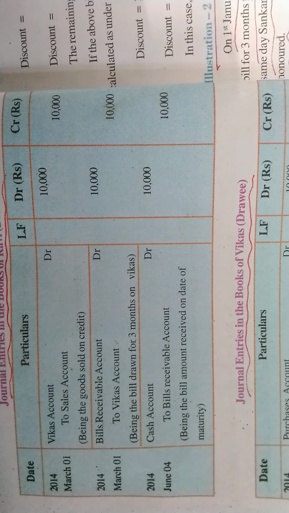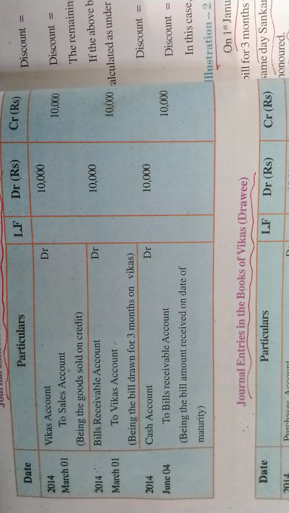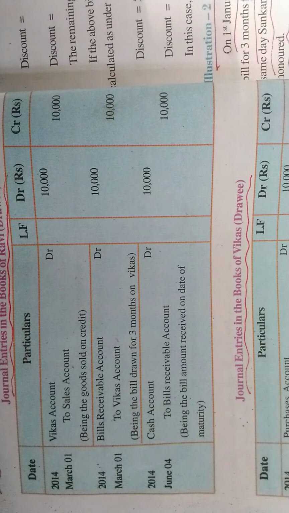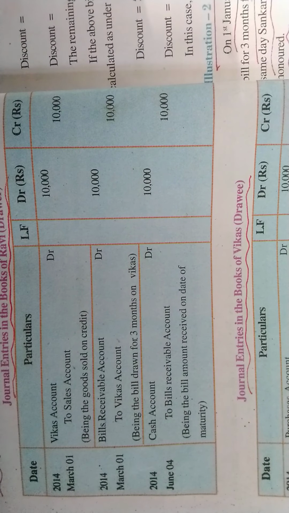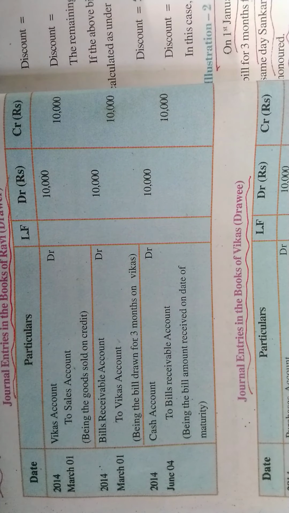So now let us write down the heading as journal entries in the books of Ravi or drawer. As you know, the proforma of the journal has the headings of date, particulars, LF (ledger folio), debit rupees and credit rupees. So when you come to the conclusion, these are the entries.